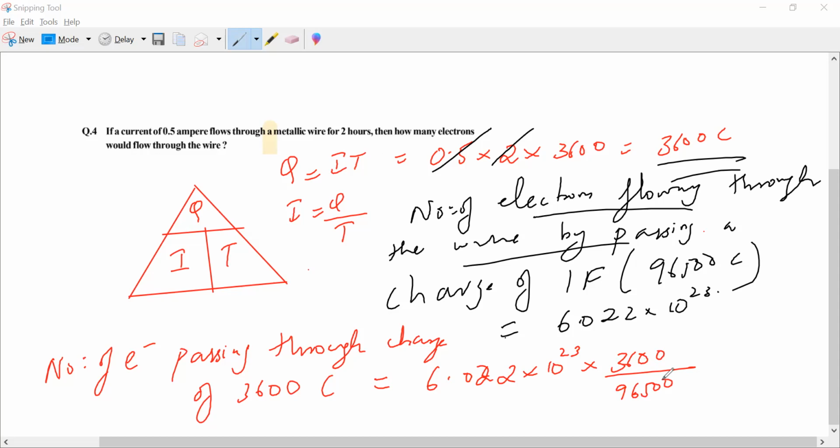So I'll get the corresponding answer. The final answer for this is 2.246 into 10 power 22 electrons. Okay, guys, 10 power not 2, this is 22. So this is my final answer.